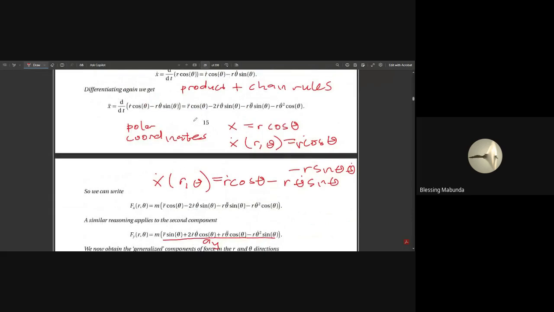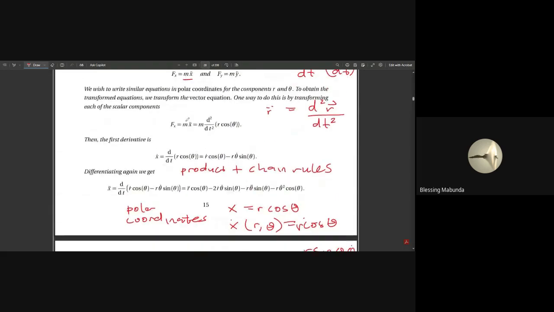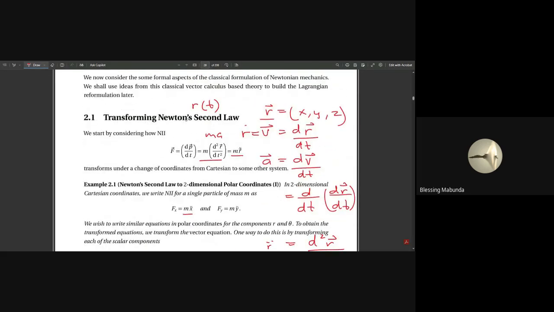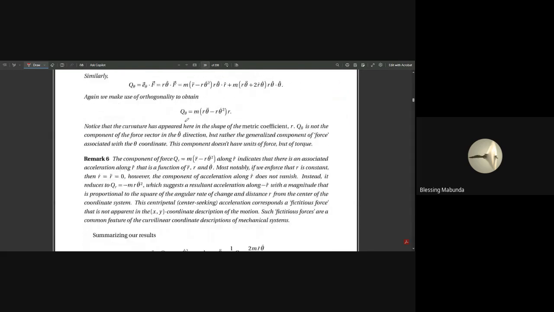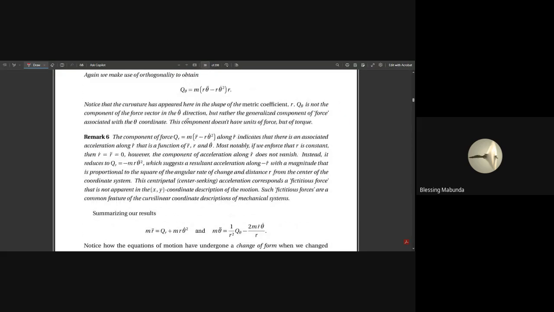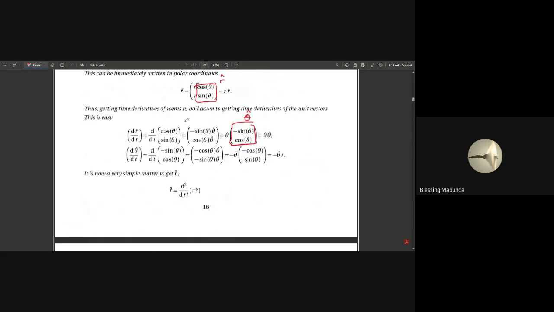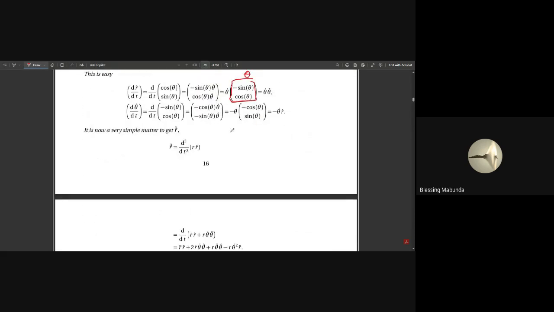All right, as a simple 5-minute exercise. Because this is what we're going to rely on the most, and it's quite important that you understand it. So given x, which is r cosine theta, please find x double dot, and given y is equal to r sine theta, please find y double dot.